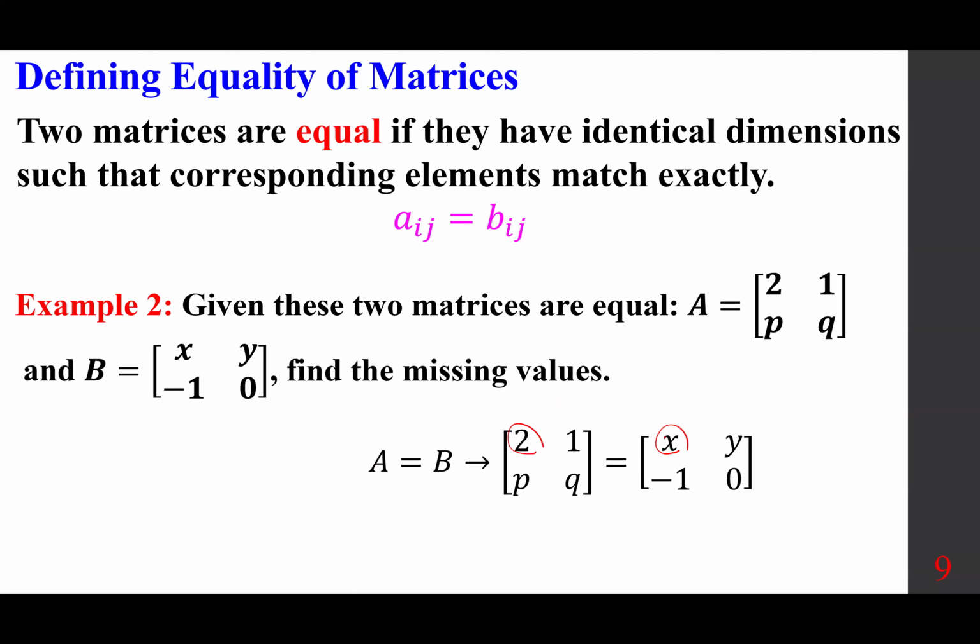This must be identical to this one. Just for the sake of argument, this is A11, this is B11. So X must be 2, or 2 must be X.